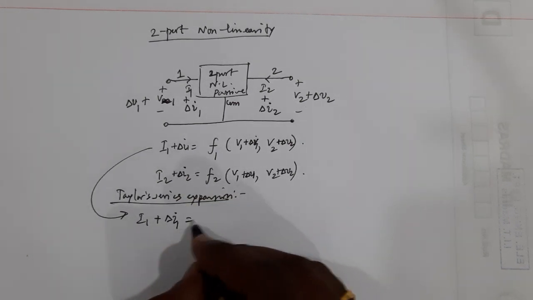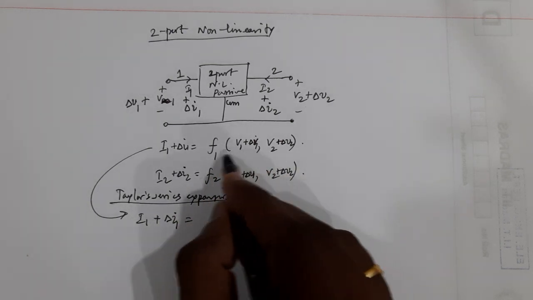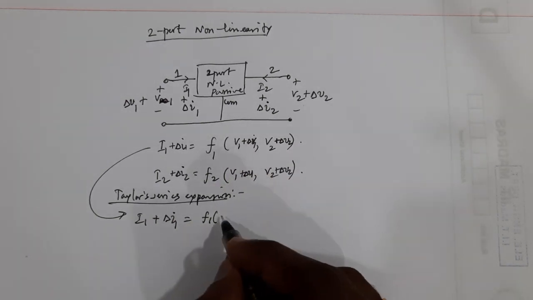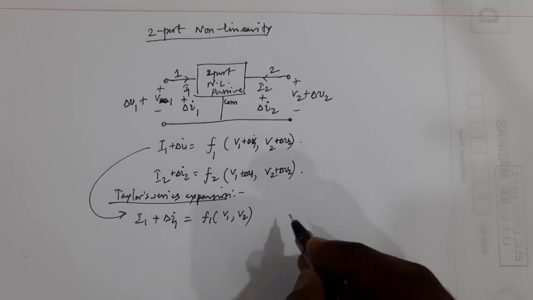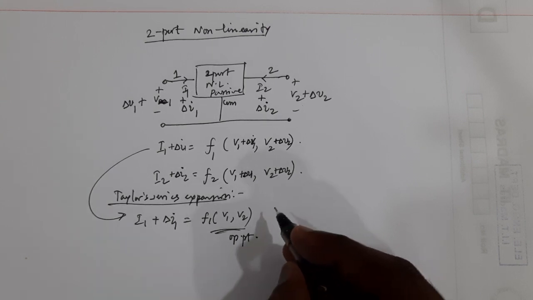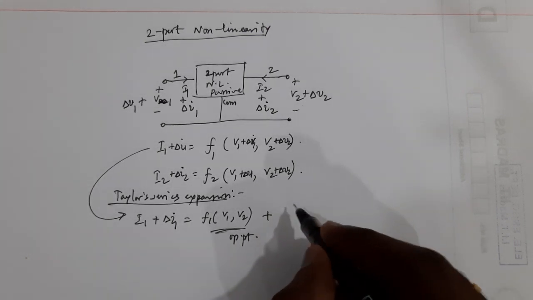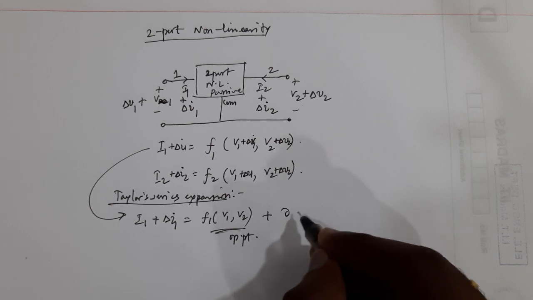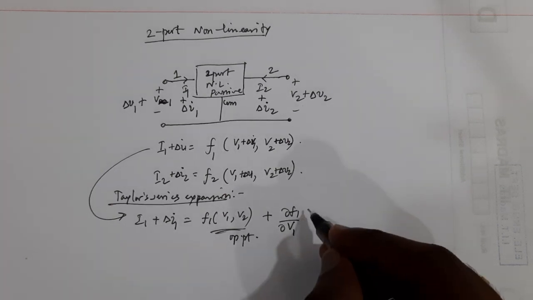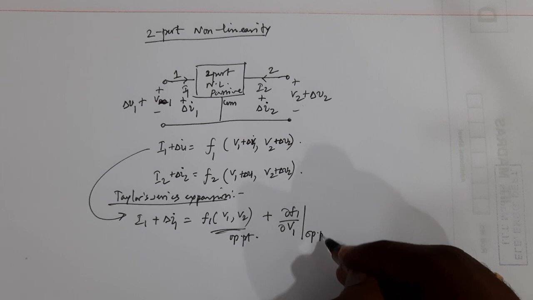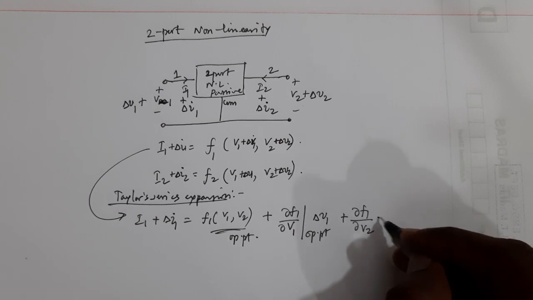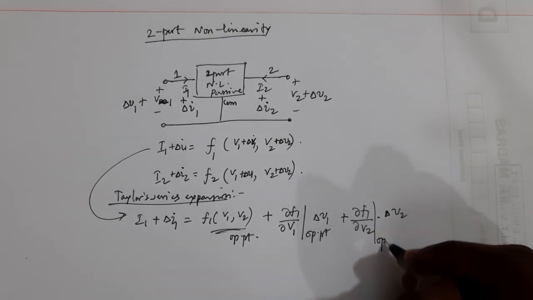I1 plus delta I1 is equal to this. If you expand this nonlinear function in a Taylor series, first you have the value at that operating point, which is f1 of v1 comma v2 itself, plus dou f1 by dou v1 at the operating point multiplied by delta v1, plus dou f1 by dou v2 multiplied by delta v2, also at the operating point.